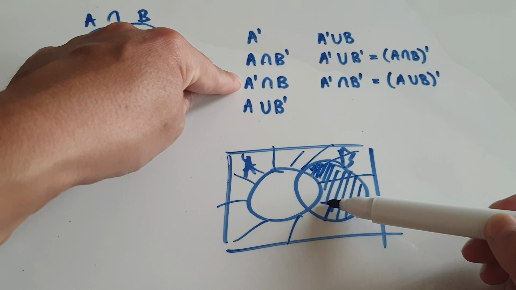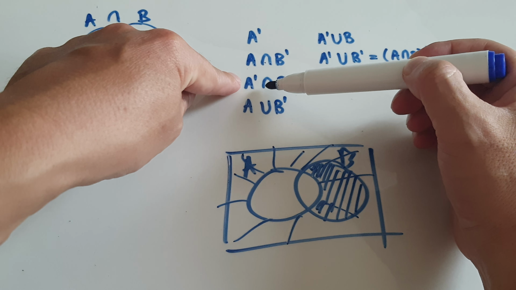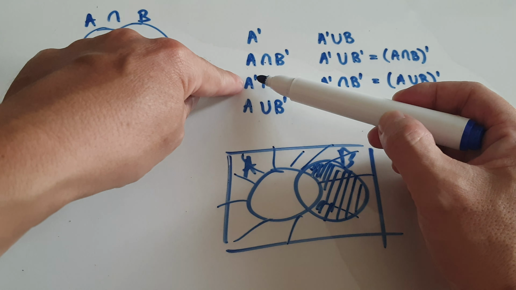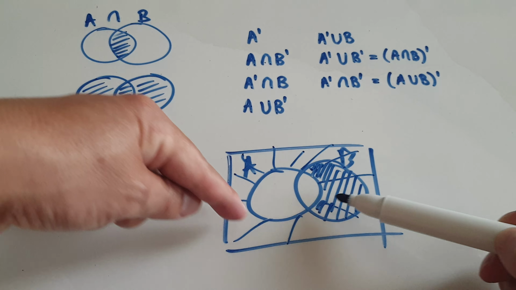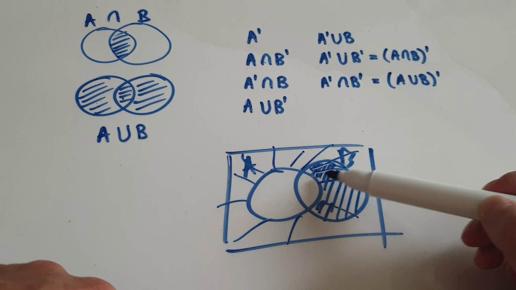It's inside of B, but it must be outside of A. So it's the intersection of the two. So let's start again here. Outside of A, everything on the outside of A, and inside B, it must mean this region here.